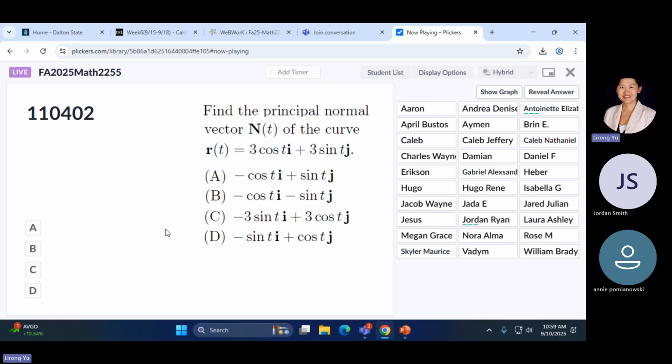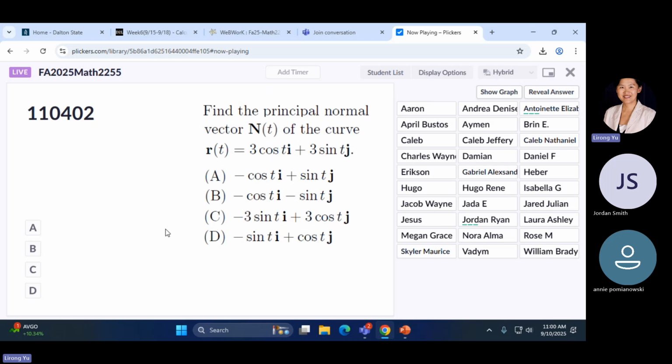Because the tangent vector itself is a unit vector, its derivative is perpendicular to the tangent vector, which is why we calculate the normal vector by taking the derivative of the unit tangent vector and dividing by its magnitude. So we convert the derivative of the tangent vector into a unit vector. That's the normal vector. That was the process.